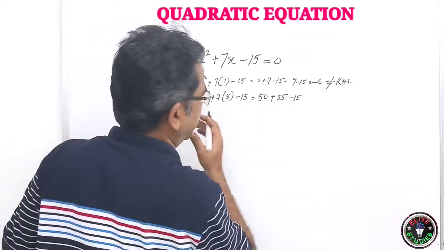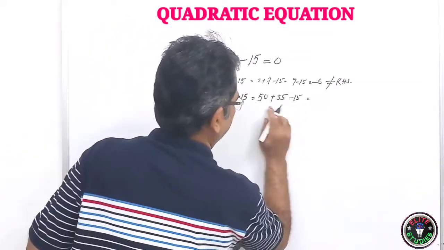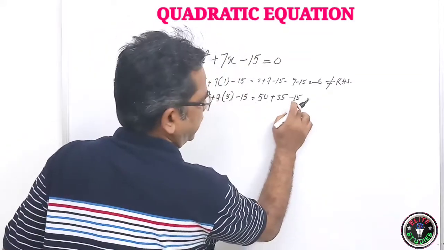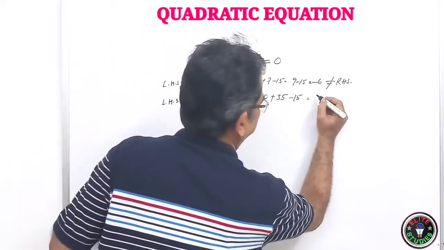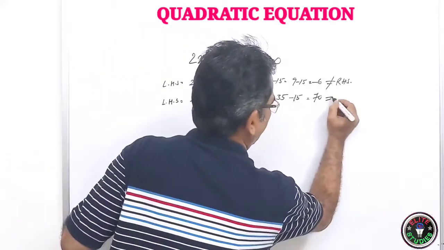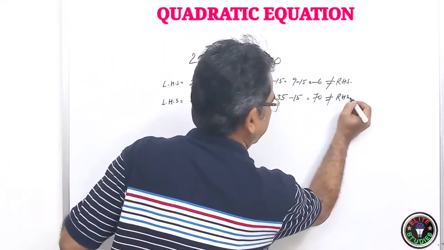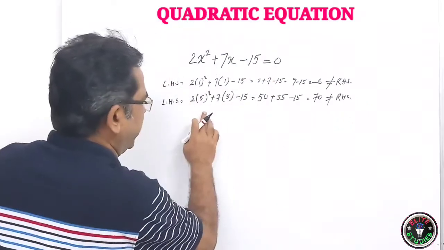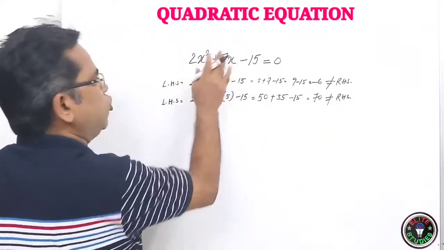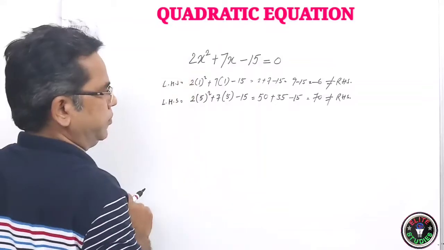So it comes out to be how much? 85 minus 15, it is 70. So not equal to RHS. So 5 is also not a root of this equation.